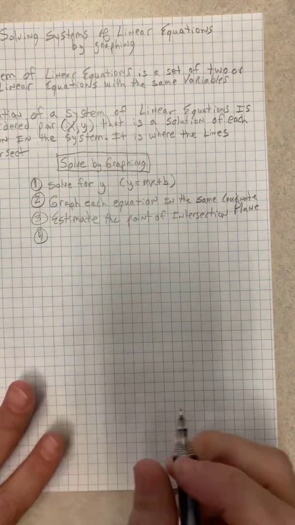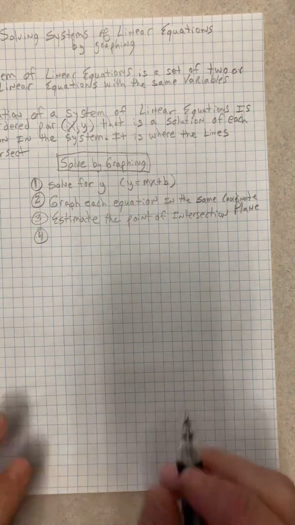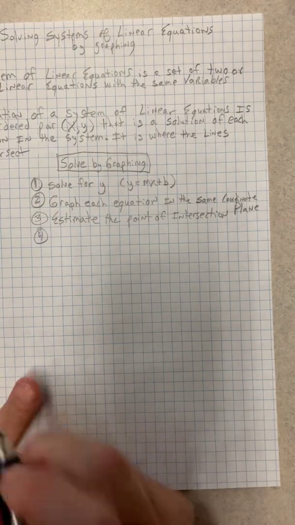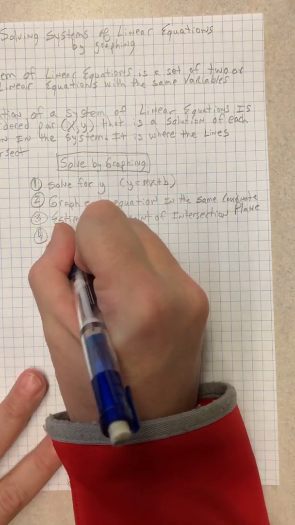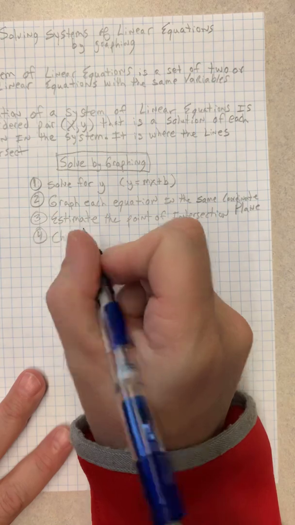And the last thing that we are going to have to do is what we did on the sheet of paper right before this. We are going to have to check that ordered pair of the intersection.